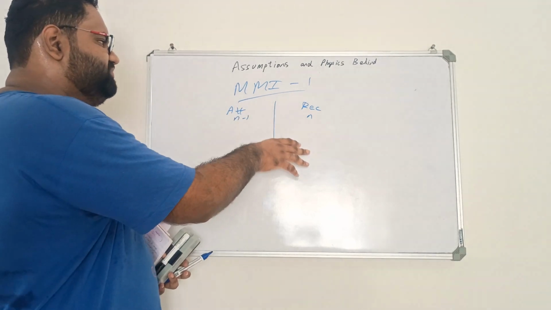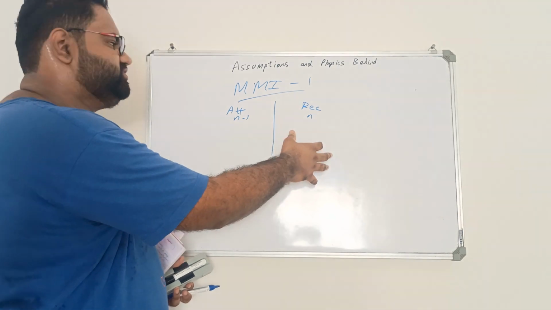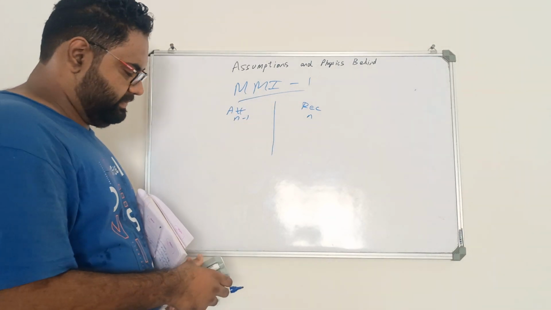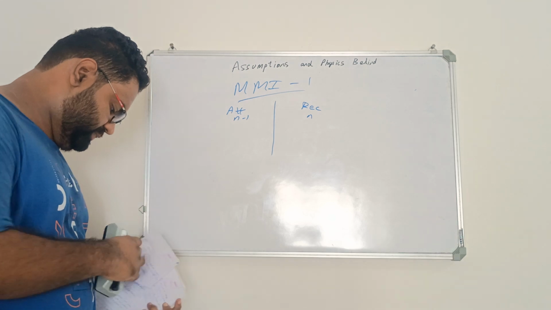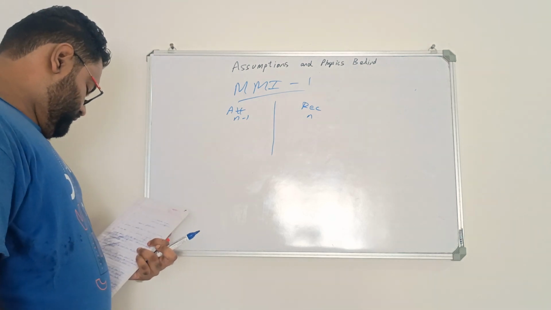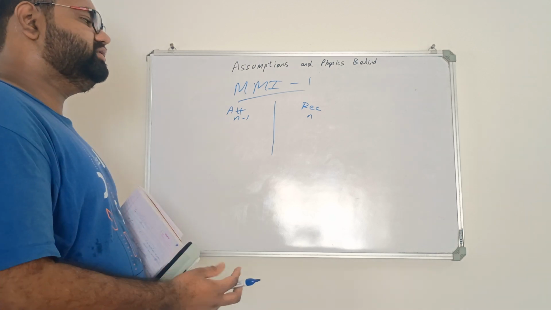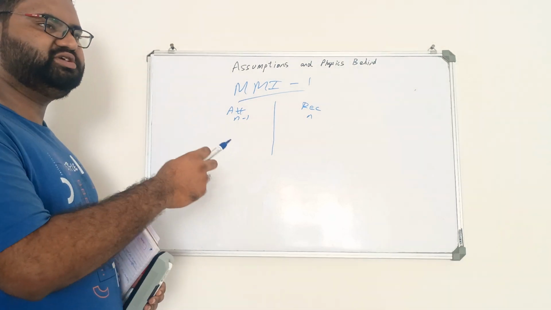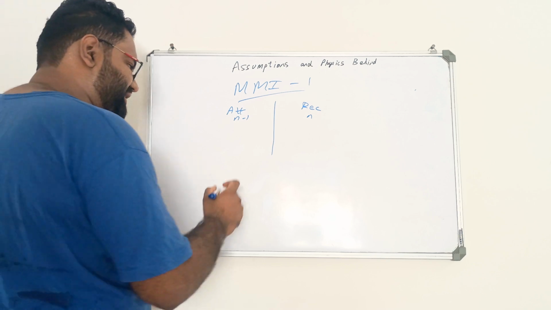This causes an asymmetry in the attacker and receiver space, which I discussed in the very first part of the module. This actually solves one of the greatest problems in quantum cryptography, called the number splitting attack.